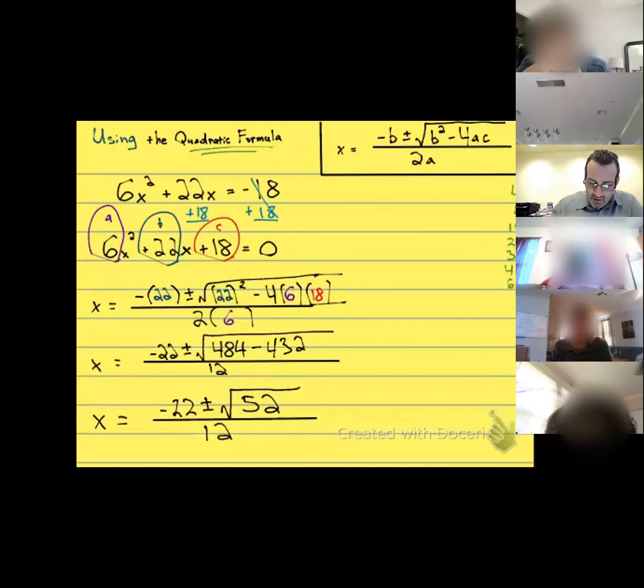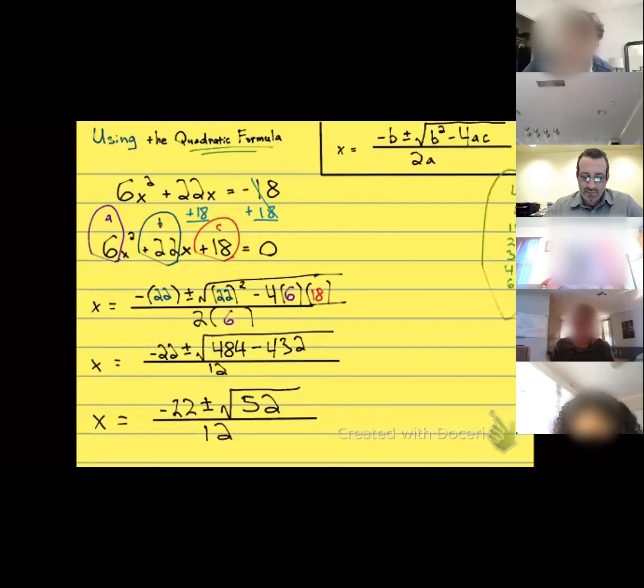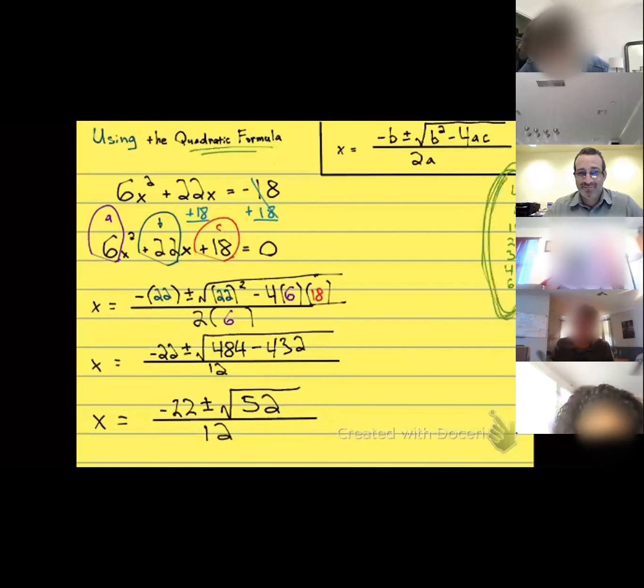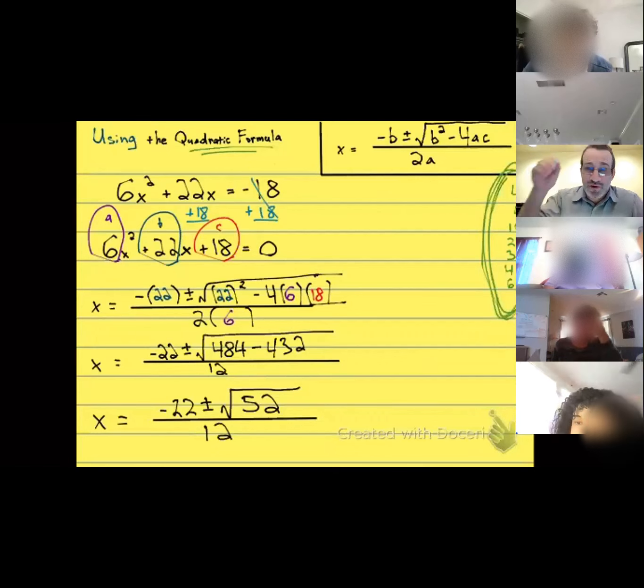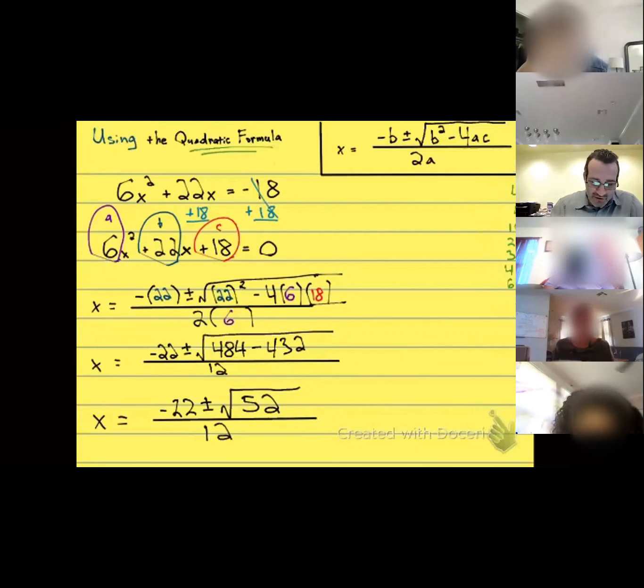Do any of these numbers go into 52? No. Do any of these numbers divide evenly into 52? The answer's 4. Yes, 4 does. How many times? 52 divided by 4? 13.